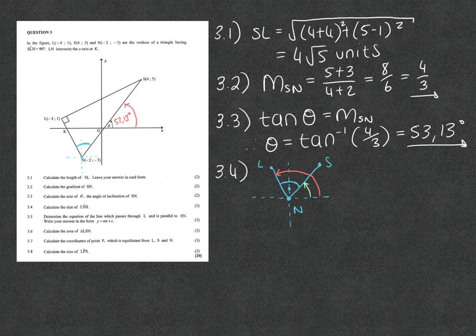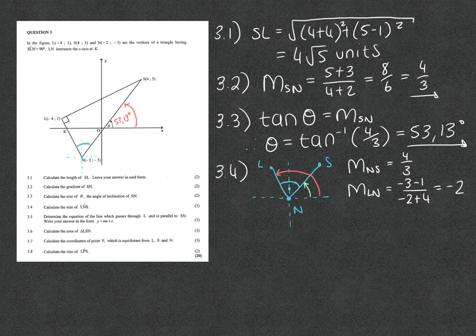The two gradients in question are the gradient of NS or SN, which I worked out before, 4 over 3, and the gradient of LN, which is (minus 3 minus 1) over (minus 2 plus 4). That gives me minus 4 over 2, which is minus 2.